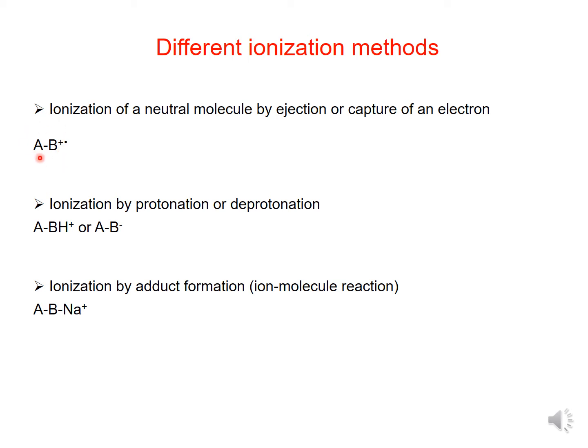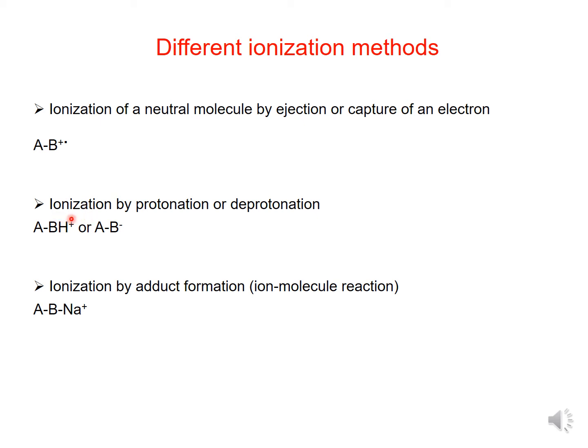Here it is the case of an ejection of the electron, and you see that if we eject an electron, we obtain an ion, AB+•. The dot represents the free electron in this molecule. And of course you have the plus charge because you eject a negative electron. Then you obtain this ionization. That's the first possibility.